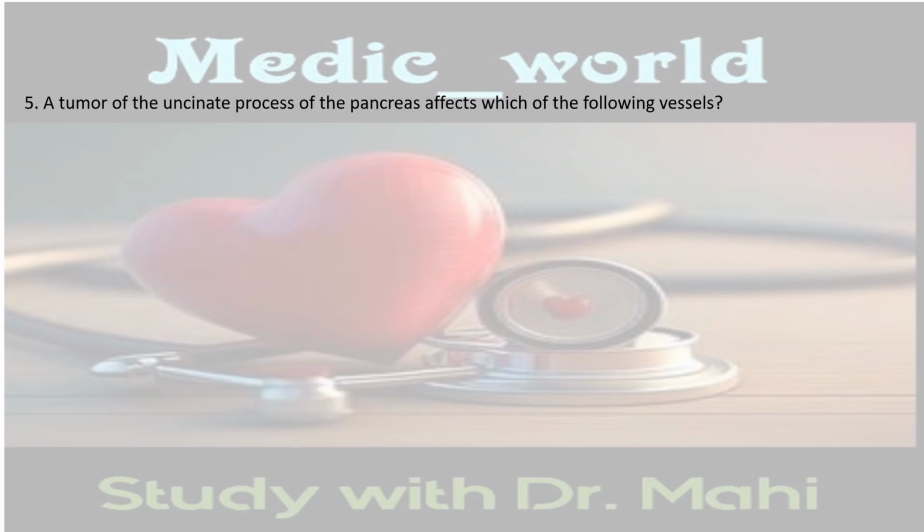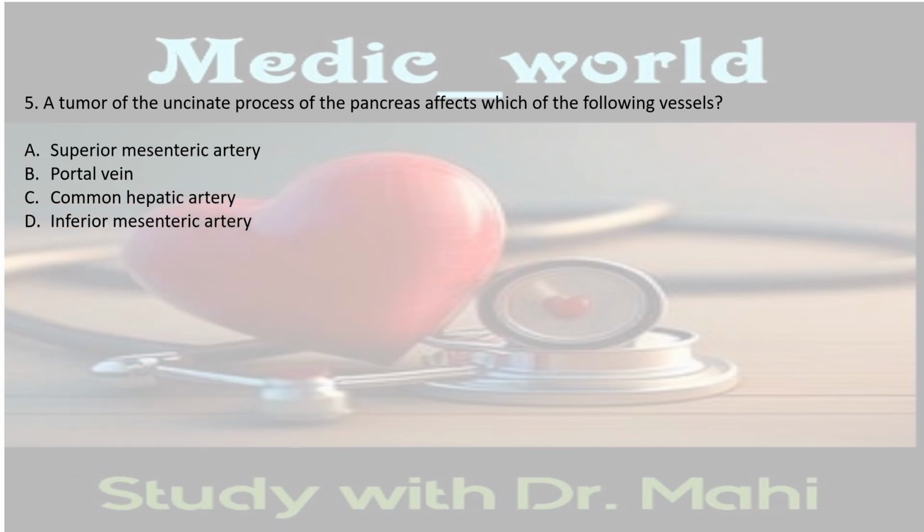Next question. A tumor of the uncinate process of the pancreas affects which of the following vessels? The options are superior mesenteric artery, portal vein, common hepatic artery, and inferior mesenteric artery. Here the answer is A, that is superior mesenteric artery. Why?